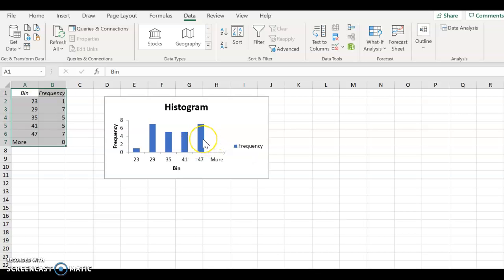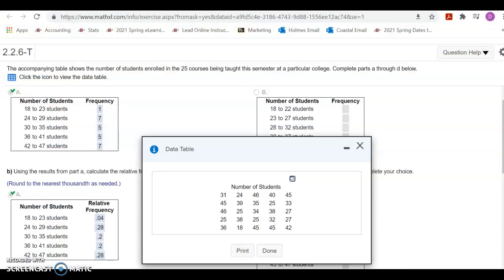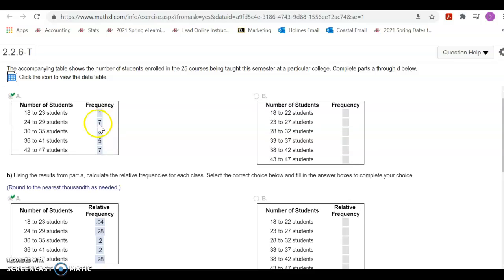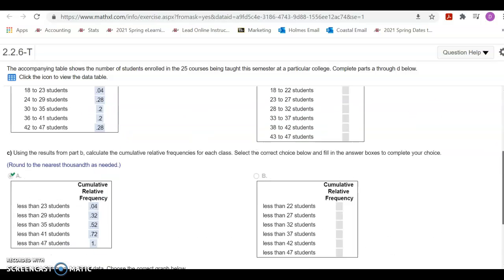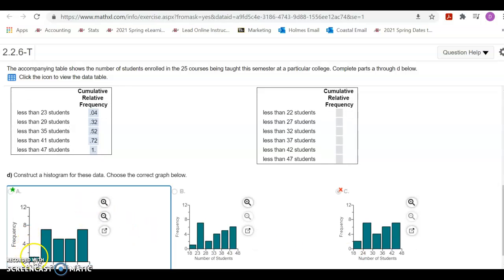5, and 7. But you really don't have to do a histogram on this one because see 1, 7, 5, 5, and 7. If you scroll down and look at this, this is 1. And this is, because this is 6, so halfway, 7, 5, 5, 7.